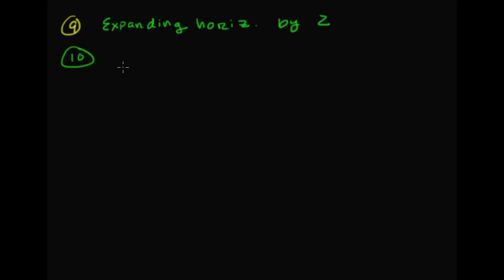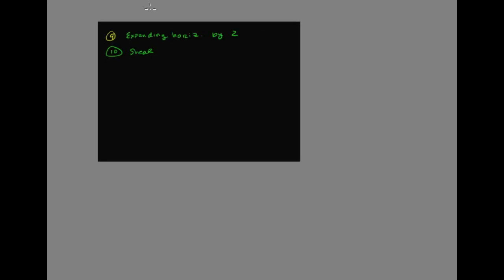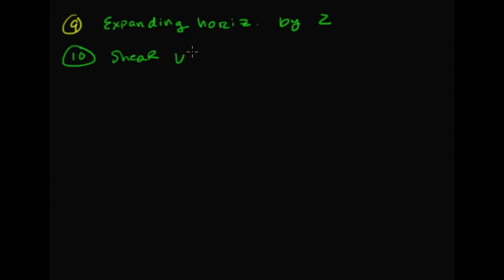Number 10, the only thing that's shifting. So in 10, this is an example of add, multiply and add. So this is actually going to be a shear. And it's a vertical shear. Oops. So this is a vertical shear by a factor of 5.